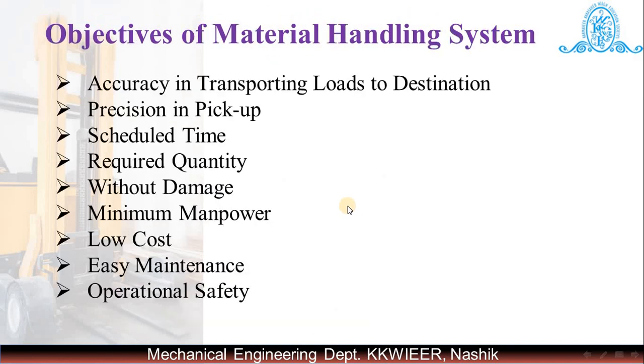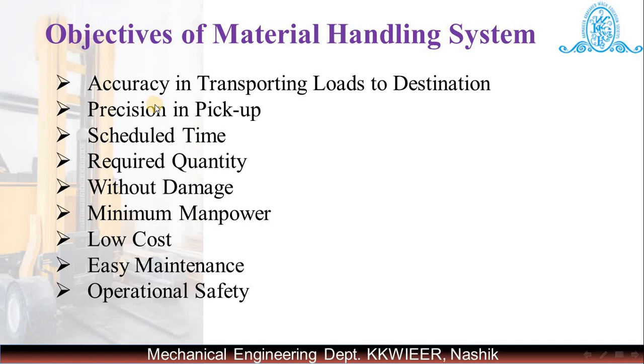Next, a few objectives we have to discuss related to material handling. Once we understand all the principles, we have a few objectives. Why are we going to do material handling? First, we have accuracy in transportation: how accurately we are transferring.